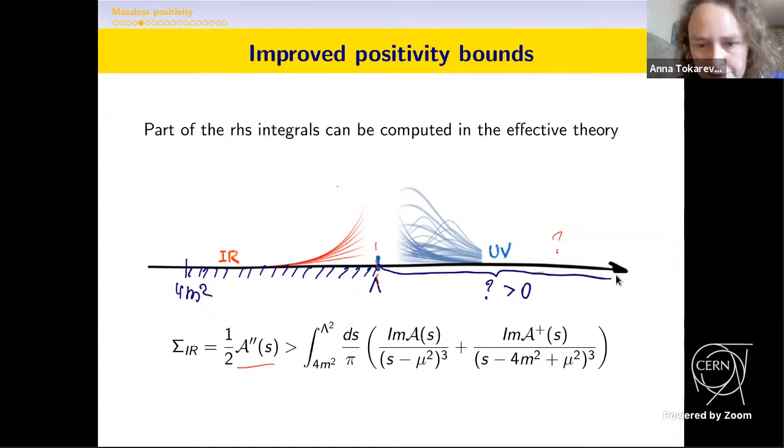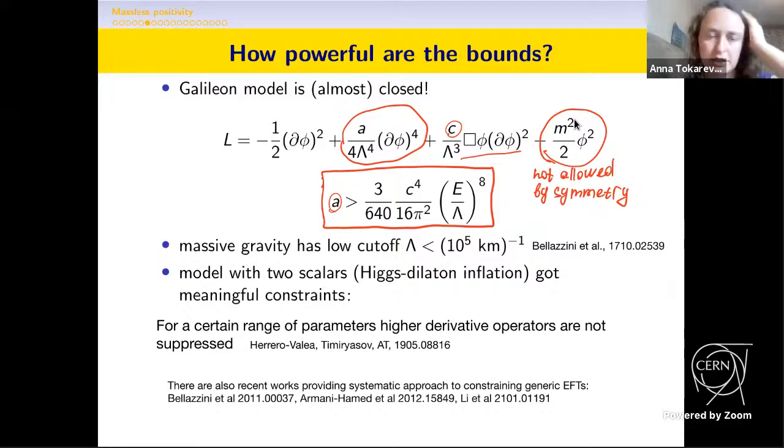Here we don't know what happens, but we know definitely that it's positive. That's why anyway we have some positive contribution, but we can conclude that this amplitude would be larger than this integral. And these bounds can be quite powerful.